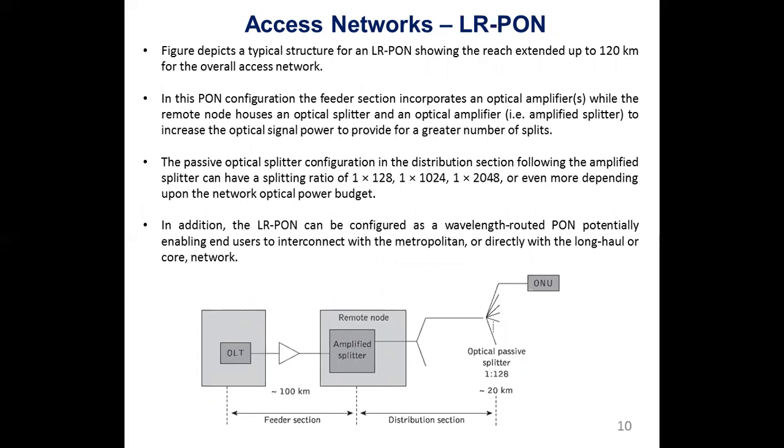So the feeder section will incorporate the optical amplifier, and the remote node, the RN, will have the splitter and the amplifier, and this will increase the optical signal power to serve a greater number of users. Now the splitter configuration in the distribution section, following the amplified splitter, can have a ratio of 1 cross 128 till 1 cross 2048, or even more depending on the power budget.